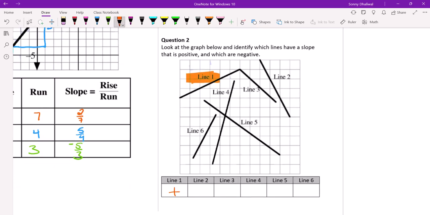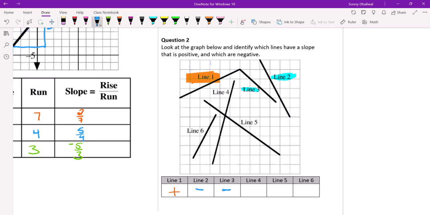Line 2, is it positive or negative? Negative, down to the right. Look in the right direction. Is it going up or down? Line 3. Negative, it's going down to the right. So that is negative. That was easy.